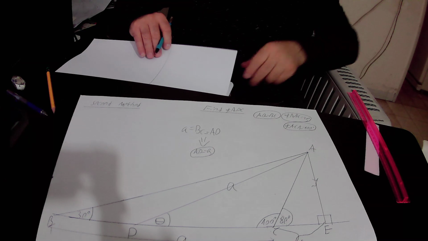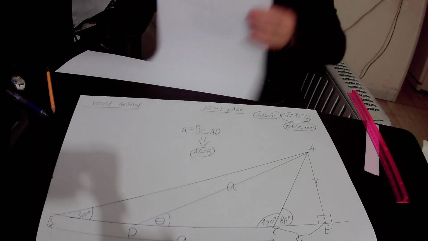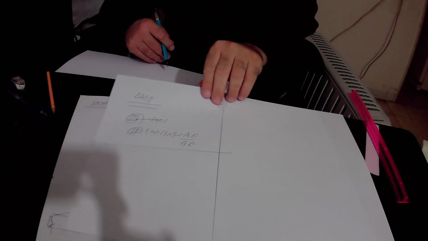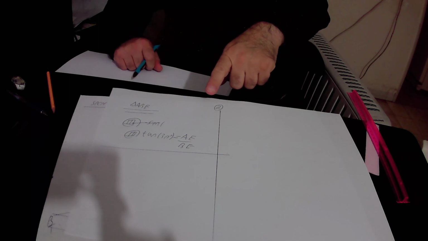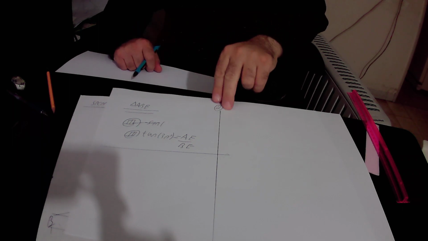I will repeat again. In the right triangle, triangle ABE, we know that tangent 30 degrees equals AE over BE.